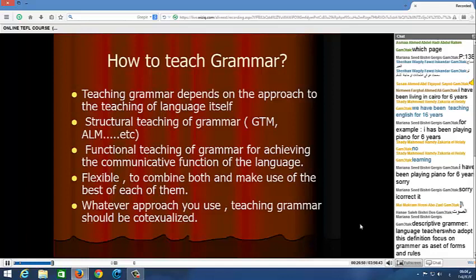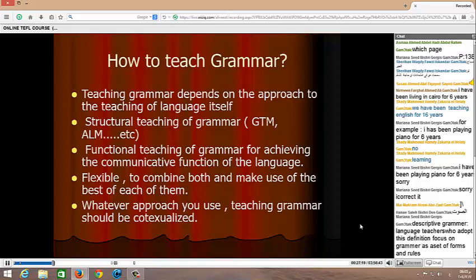It should be presented and used in sentences in order to make it meaningful for the learners, to help them understand the vocabulary, what it means, and how it is used in the language. So it should be contextualized, not the way we used to learn it from others, out of context.